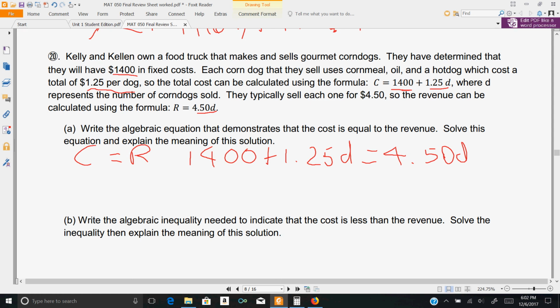So I'll solve the equation. I'm going to combine like terms. Typically, we subtract the number that's by itself, the 1,400, and get it on the other side. But you'll notice I have D on both sides. And I don't want that. I want the D's all together. So I'm going to subtract 1.25D from both sides.